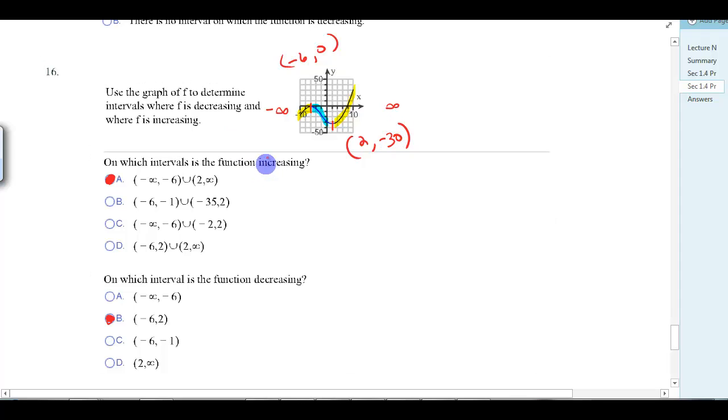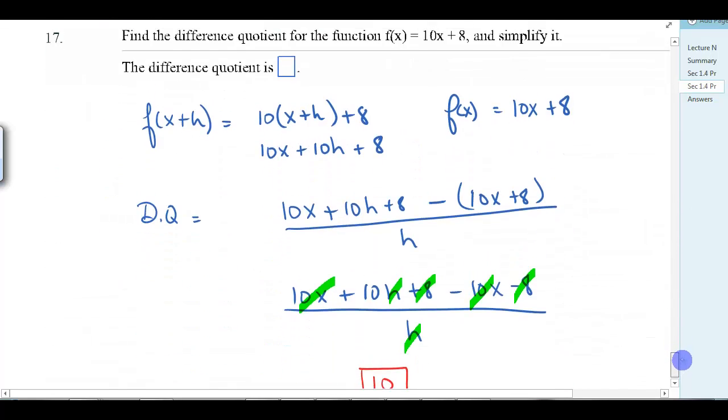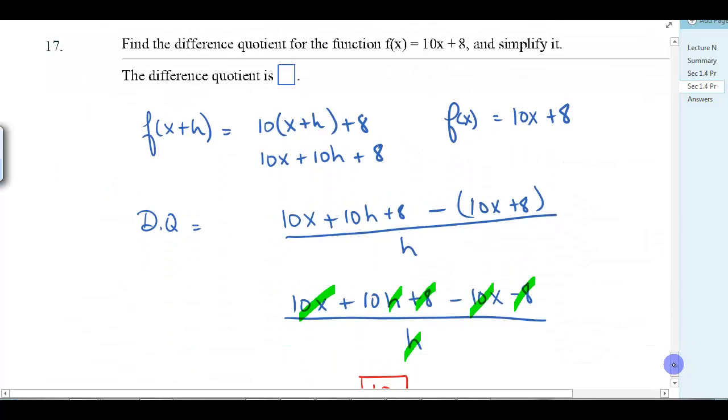Okay, so where is it increasing? From negative infinity to negative 6, and from 2 to infinity. So that would be that one. Remember, you're only worried about the x values. Where is it decreasing? From negative 6 to 2. X values. All right. And then we had another difference quotient. And I think that we've done that.